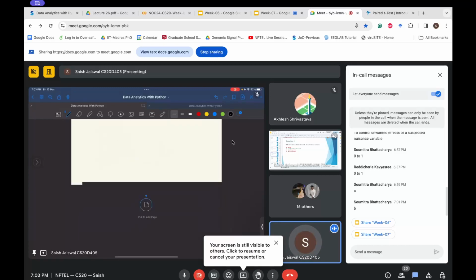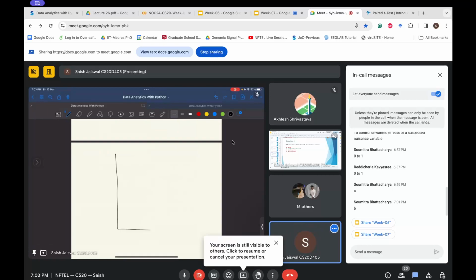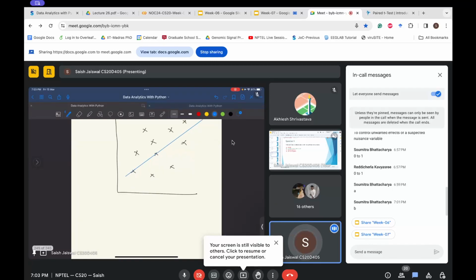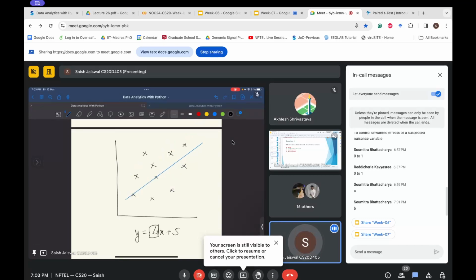So what does correlation coefficient tell? So you have data points like this, and you fit a line. Let us take one example, y equal to 4x plus 5. So 4 is the slope of the line, and this 5 represents the y-intercept, where the line is intersecting the y-axis.